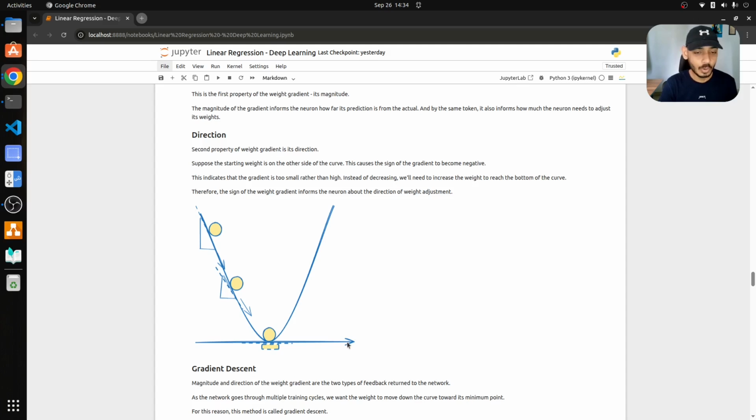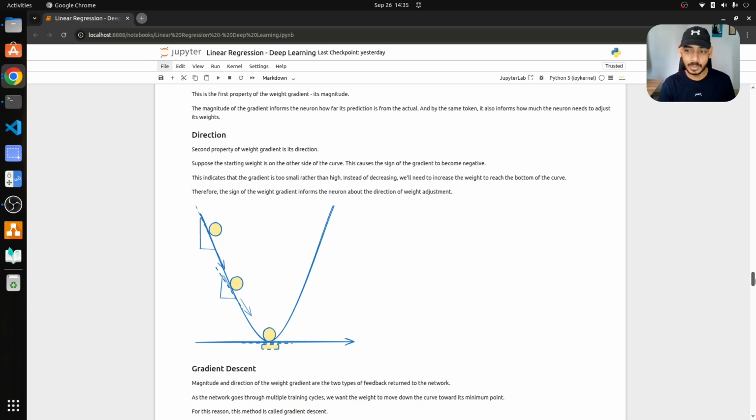If your weight was on this side, then you have to decrease your weight such that you move down this side. But if your weight is on this side, then you have to increase your weight such that you move towards this direction. So this informs the direction in which the gradient has to move such that we can reach the minimum or optimal value.